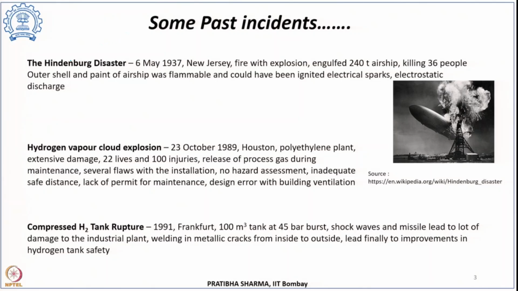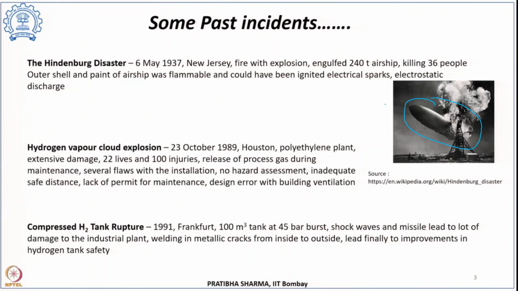The first one was the Hindenburg disaster. What was the Hindenburg disaster? It happened on 6 May 1937. What is shown in the picture is an airship carrying hydrogen, painted with a conventional paint.